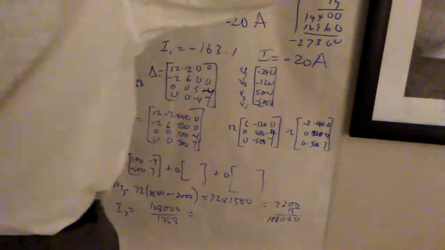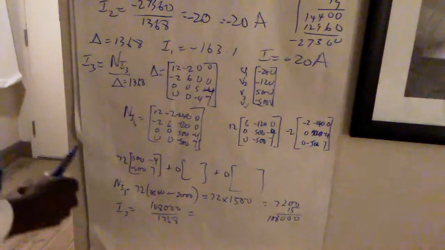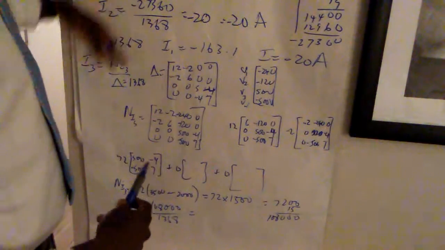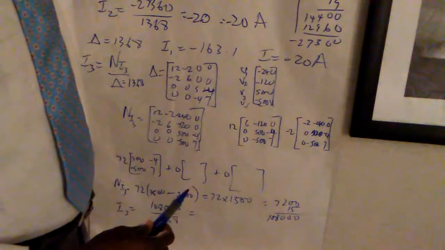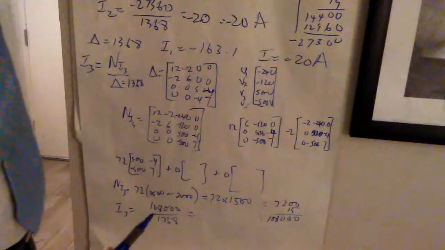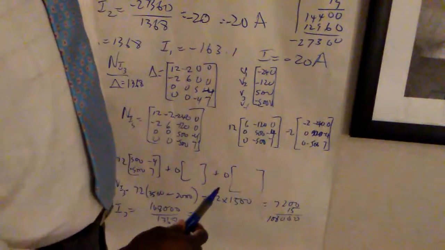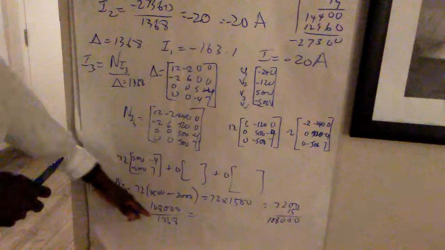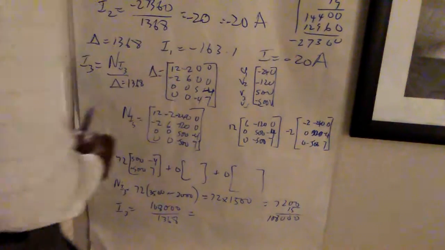We assumed it to be going clockwise, it's positive, so indeed the direction is correct. In the other two cases, we found I1 negative, and we assumed I1 was clockwise, so in effect I1 was anti-clockwise. Likewise for I2, we got 20 amps negative, so it is going in the anti-clockwise direction. We get I3 positive, so it's going in the clockwise direction.